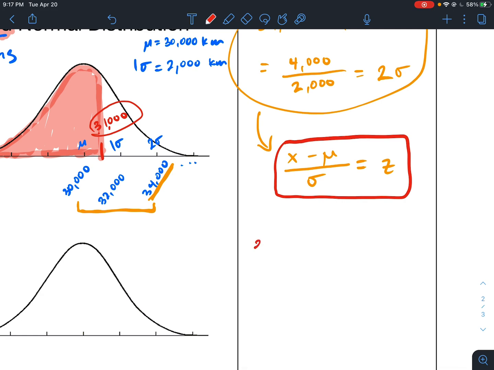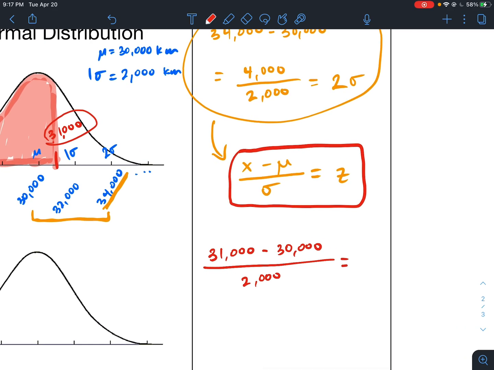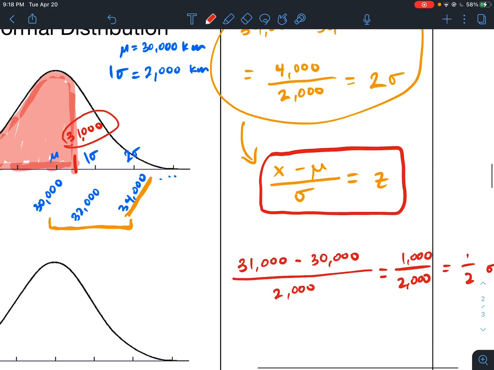So I could take 31,000 and find the distance between 31,000 and the mean. I subtract 30,000 from it and divide by my standard deviation. So 31,000 minus 30,000 is 1,000, divided by 2,000, which equals 1/2, meaning this is a half standard deviation away from the mean.